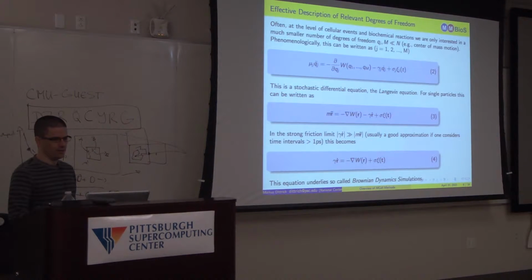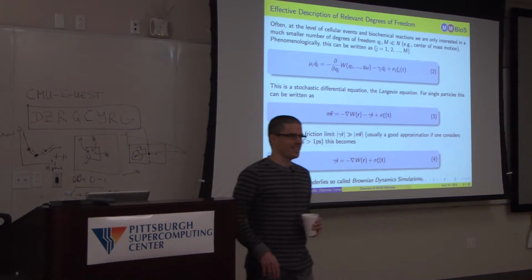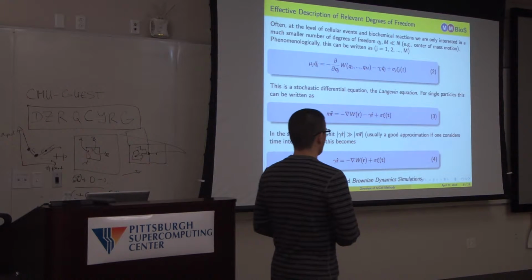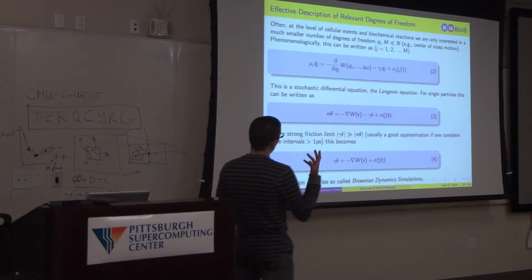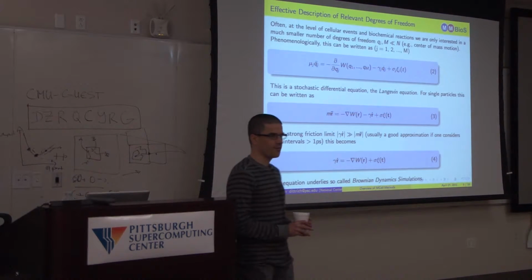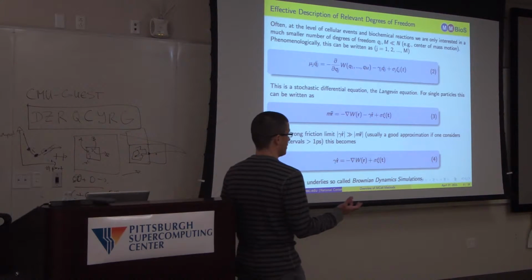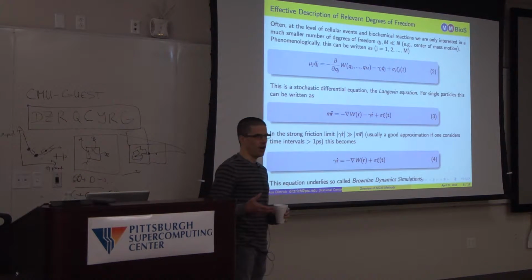And so, I'm sorry for all the equations, one way to deal with this is to say, well, if you look at cell-level type systems, we're really not interested in all the degrees of freedom. We really want to look at a subset of those. That could, for example, be the center of mass of our molecules.